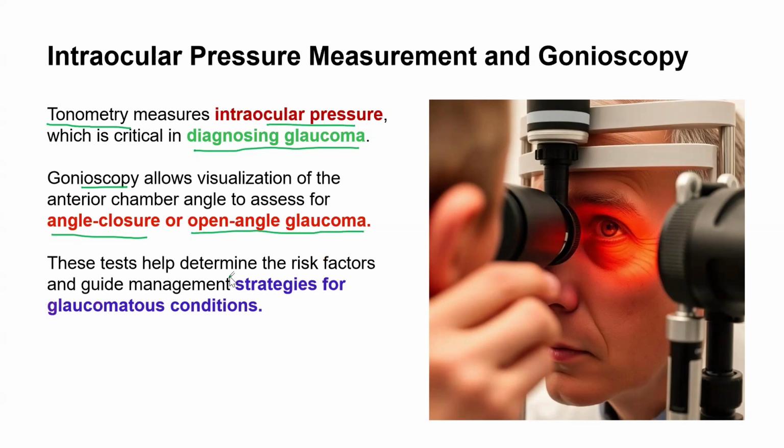So these tests, both tonometry and gonioscopy, are very important to determine the risk factors and guide management strategies for glaucomatous conditions. So then, of course, the fundus examination and imaging techniques.